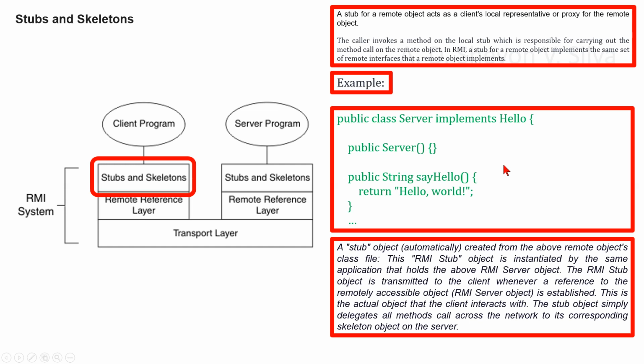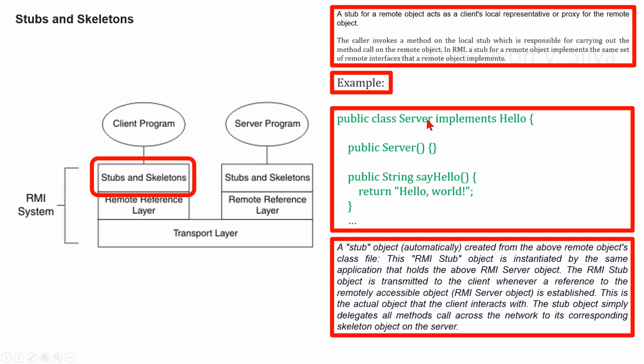And consider this code segment. This stub object is automatically created from this remote object's class file. This RMI stub object is instantiated by the same application that holds the RMI server object.